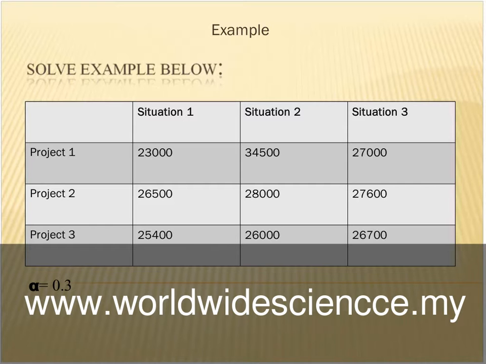Now we should do it for equal likelihood. The last method in uncertainty is equal likelihood. Please let us see together this method, the equal likelihood criteria.